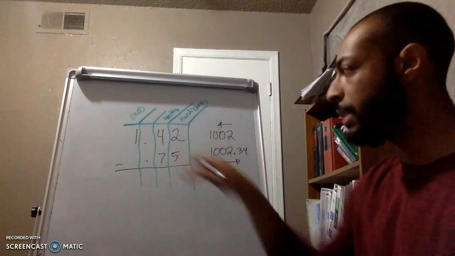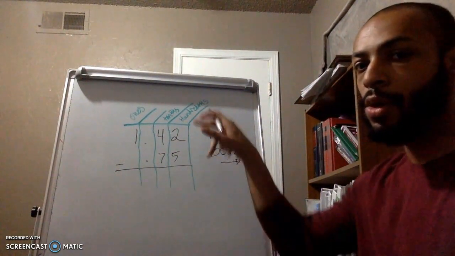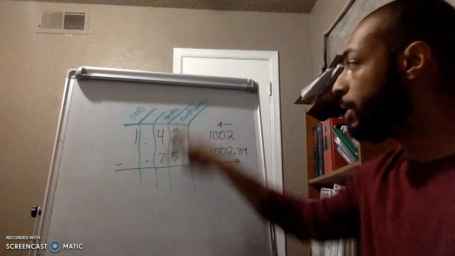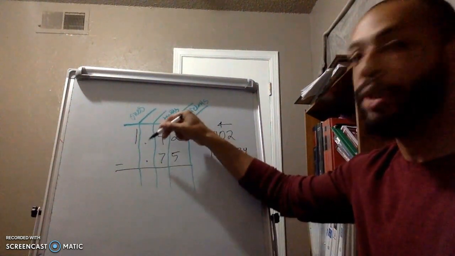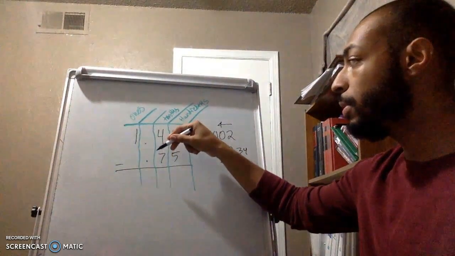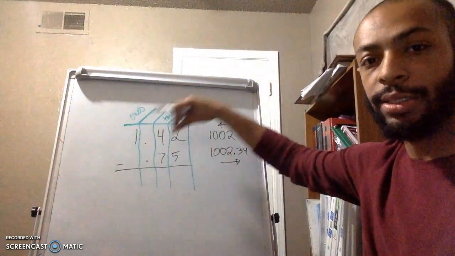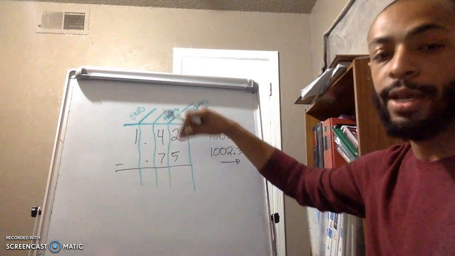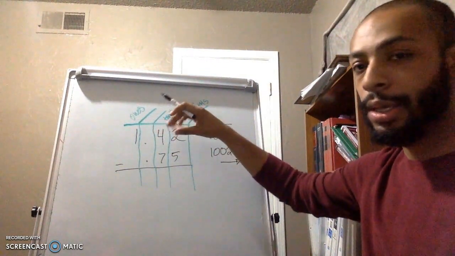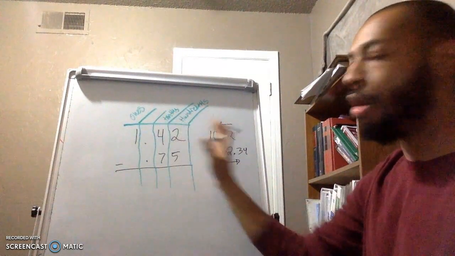We're going to set this up exactly as we've been setting it up with our columns together. We're going to line up our decimals, make sure that they're lined up so that we can easily keep our tens with our tens, our hundreds with our hundredths, and our ones with our ones, so that we don't get all out of line.